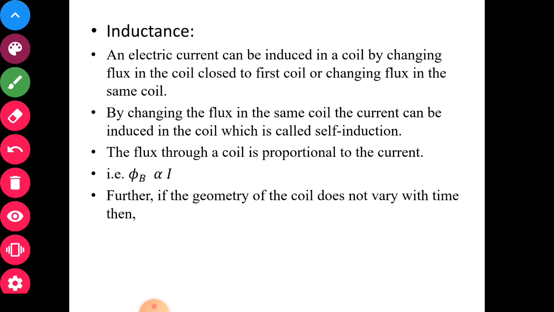Okay. Further, if the geometry of the coil does not vary with time, means the coil remains as it is, and if you change the flux, d phi B by dt is found to be directly proportional to di by dt, rate of change of current and rate of change of flux. They are directly proportional.